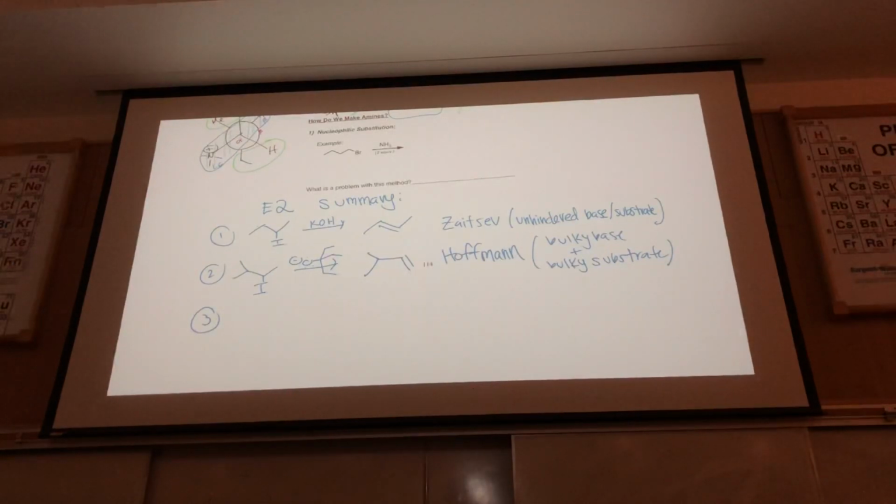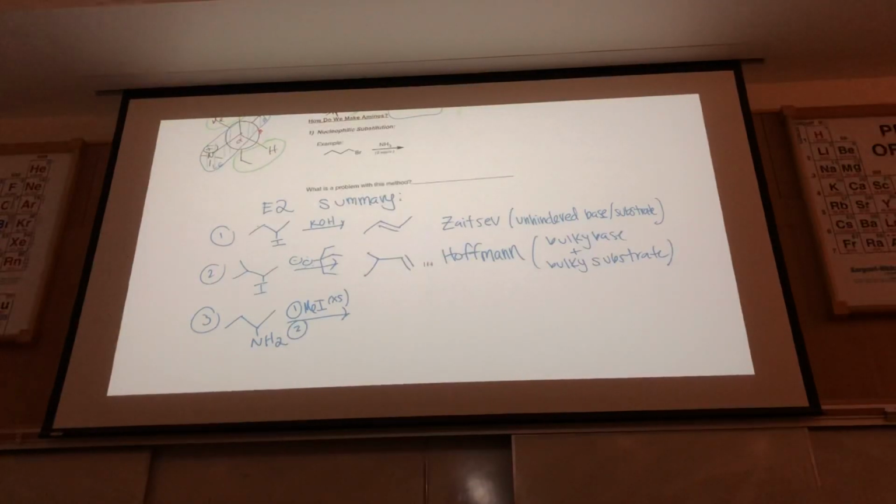Why don't I use the same one as above that normally would give us Zaitsev, but instead I don't have a leaving group, I have an amine. This is the same substrate as number 1, but if I throw in step 1, methyl iodide excess.